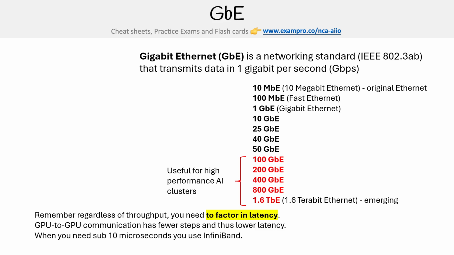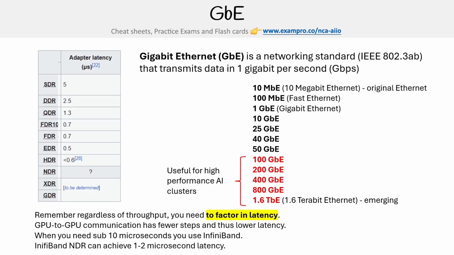And even with InfiniBand, there is latency. If we bring up the adapter latency, even SDR, the oldest version of InfiniBand, has 5 microseconds of latency. With NDR, look down at NDR, it says HDR is under a microsecond, so there you can see 0.6, and NDR doesn't tell us.